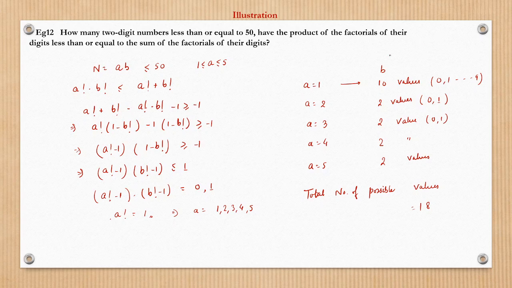This is the same as what we had done earlier, but here the sign was just reversed. So a factorial minus 1 into b factorial minus 1 could have taken either 0 or 1. We tested with each one of them. a can take 5 values, so I started with a equal to 1. b can take all the values if a is equal to 1, then for a equal to 2, b can take only two values. That way we solved and got the answer.